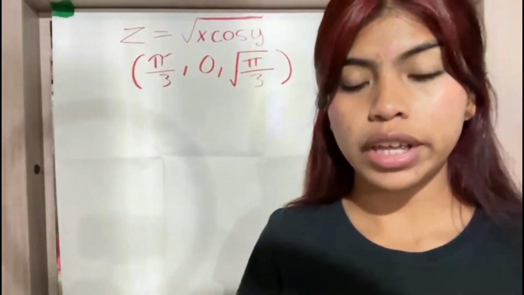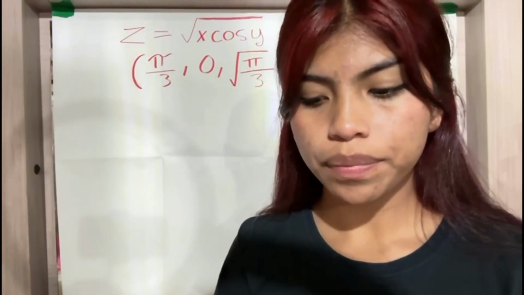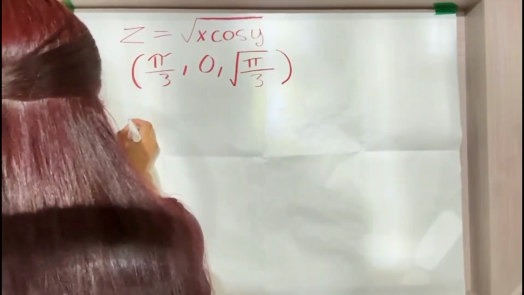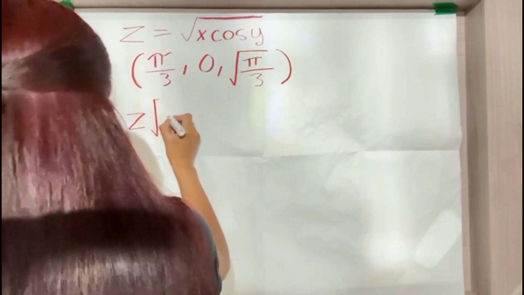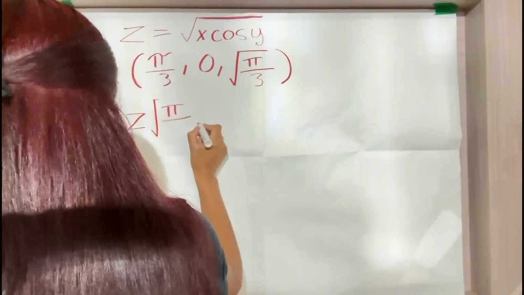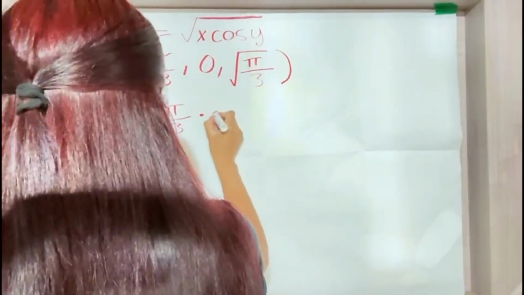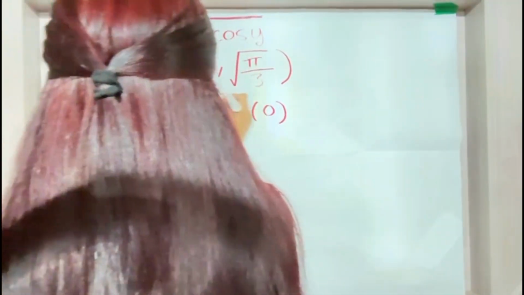This point lies on the surface because when we plug in x equals pi over 3 and y equals 0, we get c equals the square root of pi over 3 times cosine of 0, which is 1.